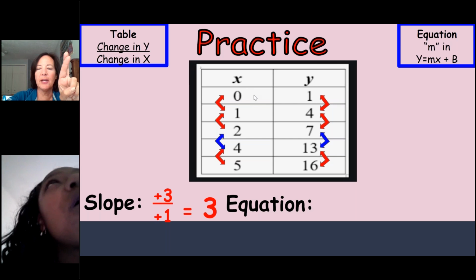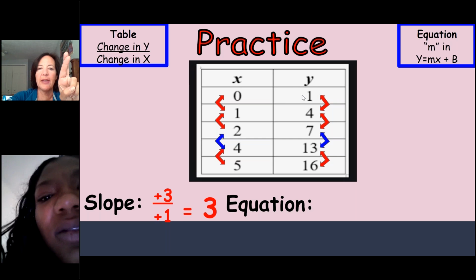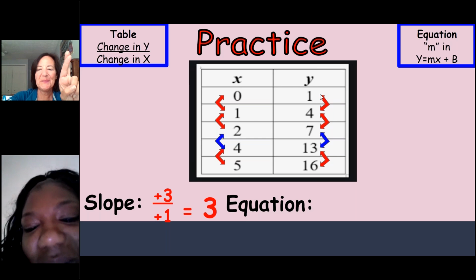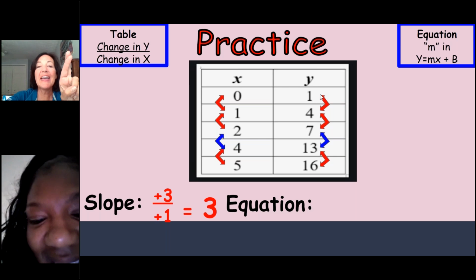X is at 0, so we look over here at y. What does the y-intercept have to be? The y has to be 1. You need that. It is 1.